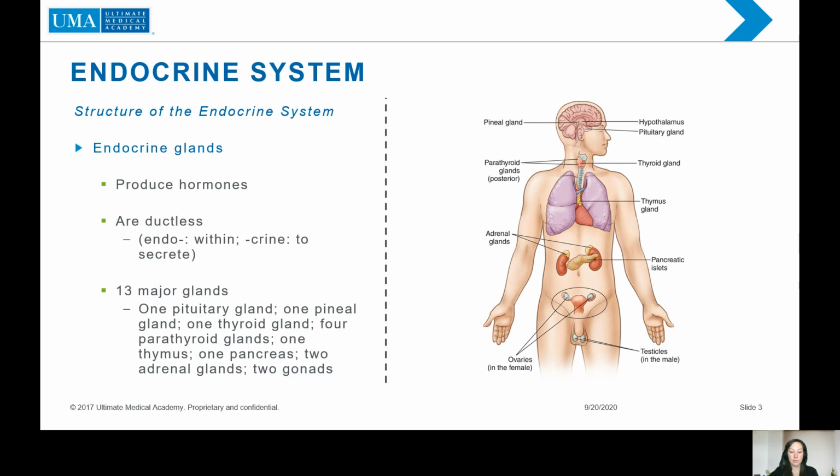So it's going to secrete. There are 13 major glands in the endocrine system: pituitary gland, a pineal gland, a thyroid gland, 4 parathyroid glands, 1 thymus, 1 pancreas, 1 adrenal gland, and 2 gonads.